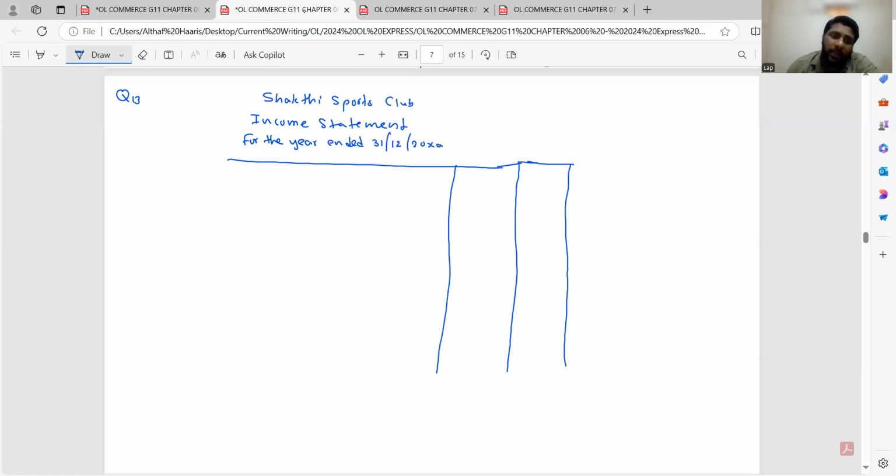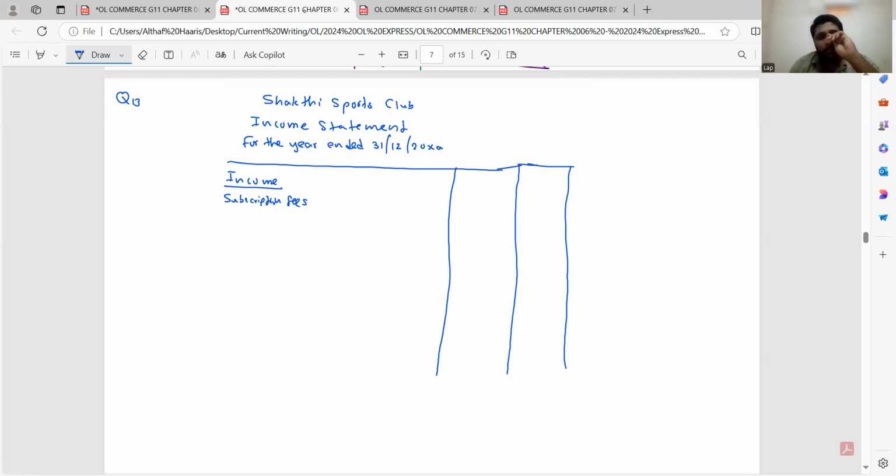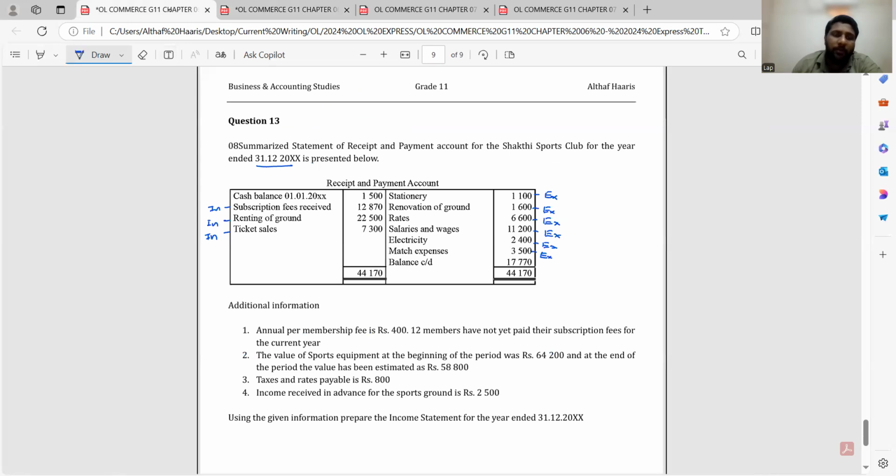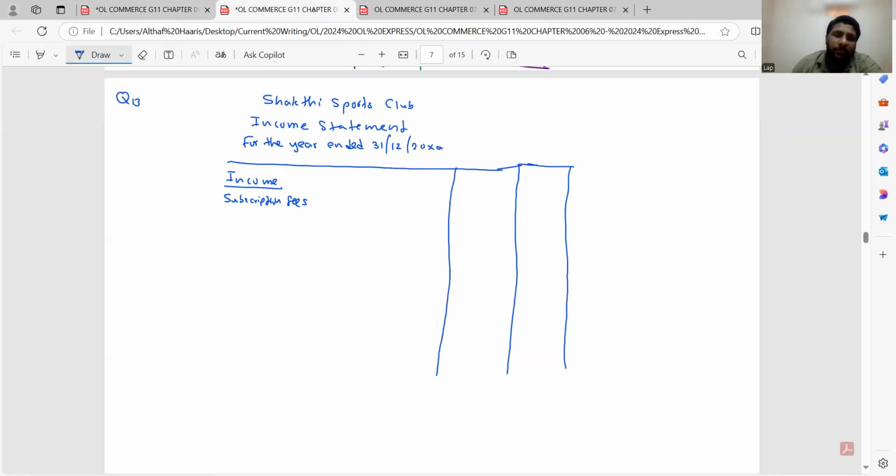You have to record your income and expenses. Subscription fees, renting the ground, ticket sales.